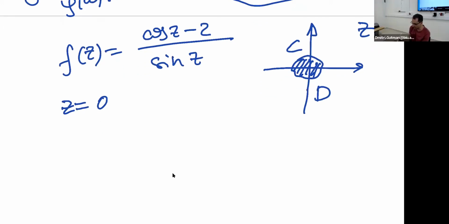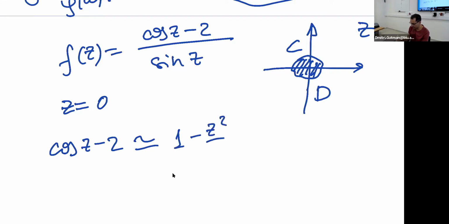Okay, so let's see what happens if we expand near the point z equals 0. So cosine z minus 2 when z is around 0 is roughly 1 minus z squared over 2 minus 2. So it's essentially minus 1 minus z squared over 2. Do we agree?